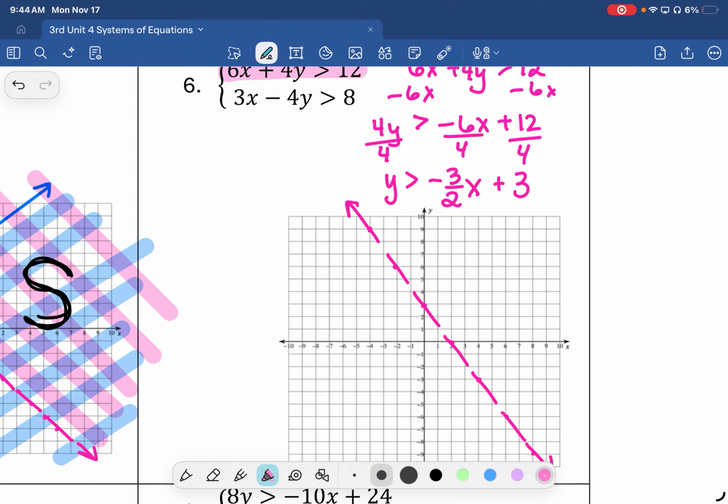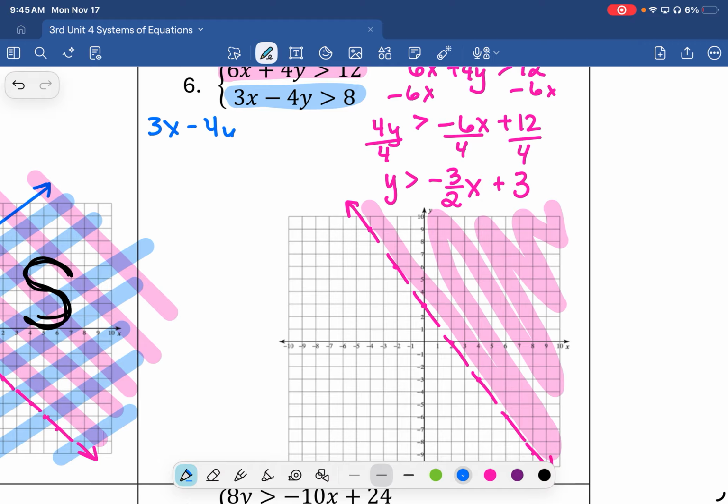Do we shade above or below? Now we're going to look at the second equation. Is it in slope-intercept form? Okay, so we have 3x minus 4y is greater than 8. What do I do to put it in slope-intercept form?